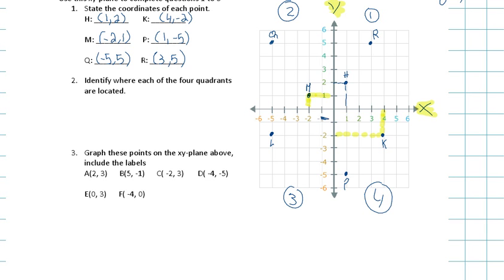Now, the next question is asking you to place A, B, C, D, E, and F on the graph. So where is A, which is 2, 3? Does anyone want to come and locate that?